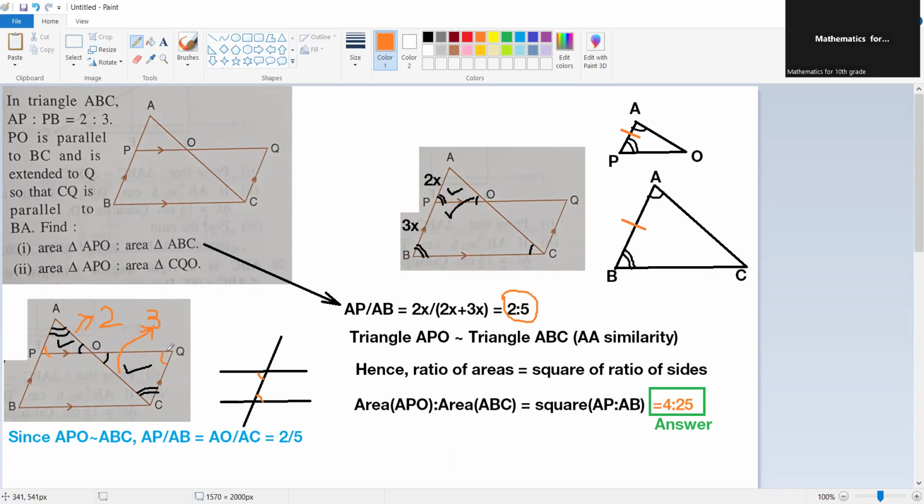PO by OQ would also be 2:3, and AP by QC would also be 2:3, because when two triangles are similar, the ratio of the corresponding sides would be the same for any pair of sides of the similar triangles. But we don't have to bother about the AP by CQ ratio, because what we have been asked is the ratio of areas of APO by CQO.